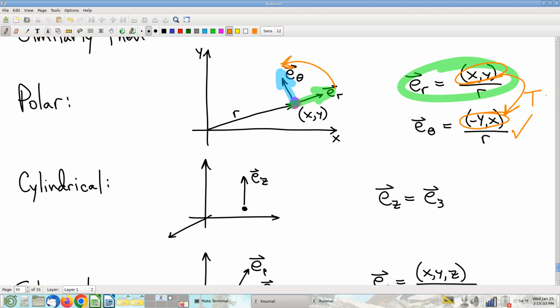So I hope that rings some bells, at least partly. If not, then you want to definitely sit down, take some time, and work it through. Make sure that you can comfortably confirm that this is how you do a 90 degrees counterclockwise rotation. If you get stuck, if you're not sure, I kind of don't remember that stuff, come to office hours.